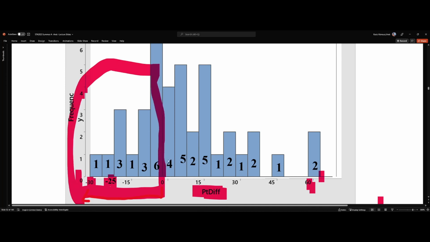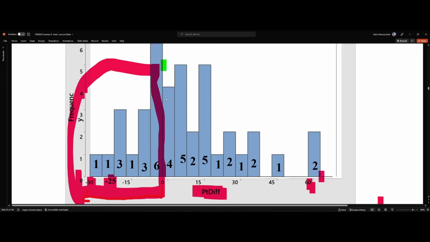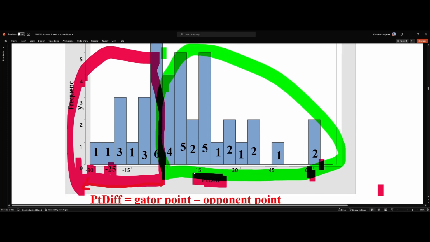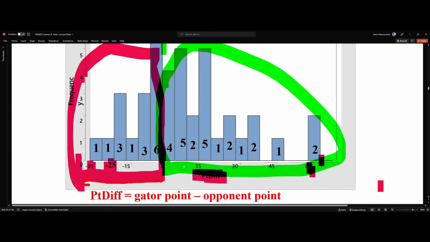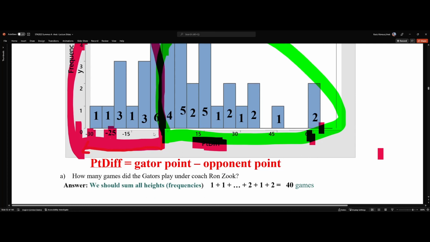And everything which has a positive difference is the number of games that the Gators won, because the point difference is positive. And the total number of games that the Gators played is all the bins.